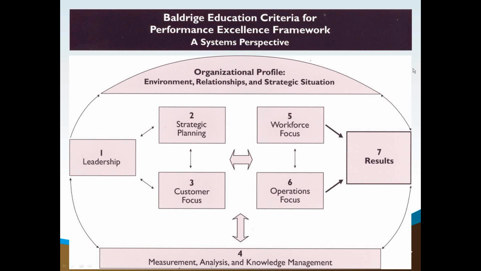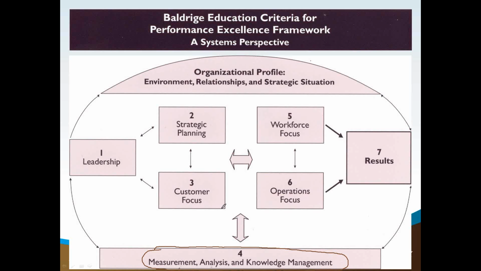Now if you'll go to the bottom and look at category 4, which is measurement, analysis, and knowledge management, that's the bottom bun. It's the system foundation, and it's critical to the effective management and to any fact-based, knowledge-driven system for improving performance and competitiveness. Now let's go inside.